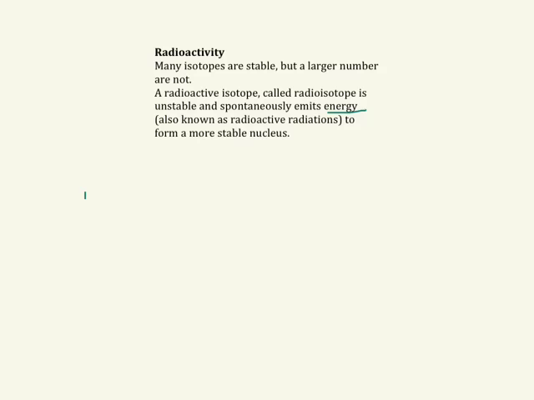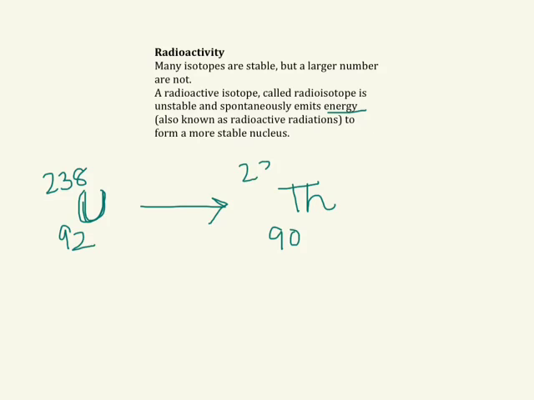For example, the isotope of uranium is very unstable and breaks down to form a more stable nucleus, the element thorium, and emits energy in the form of radiation, which is a helium particle, or the alpha particle.